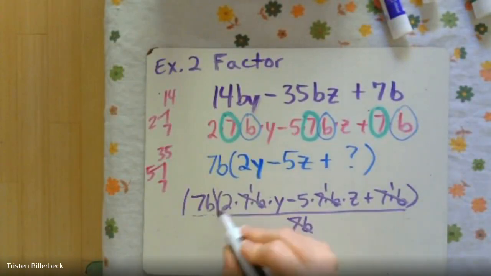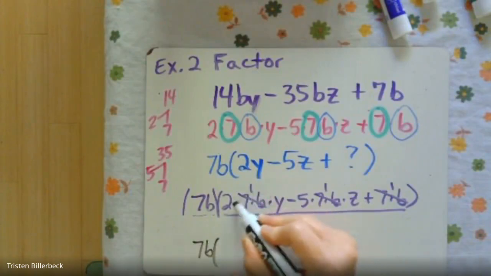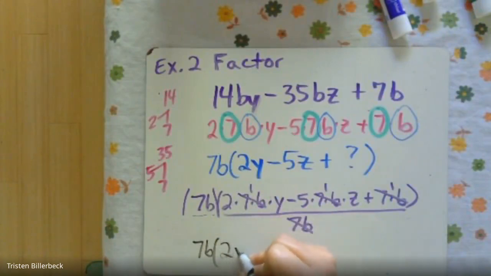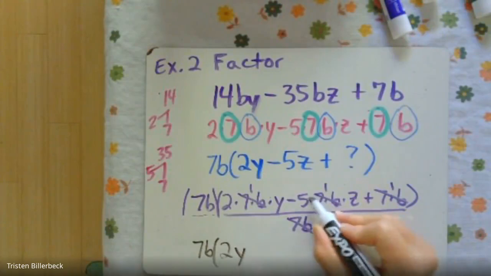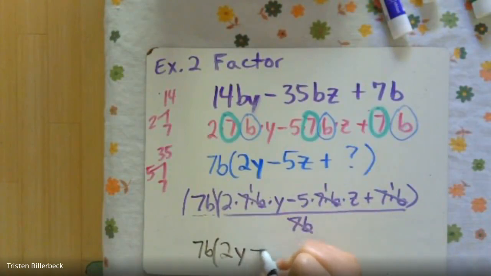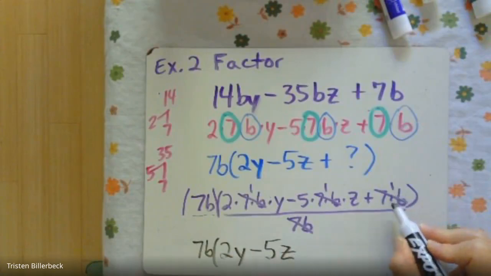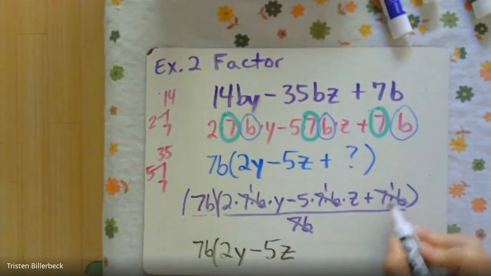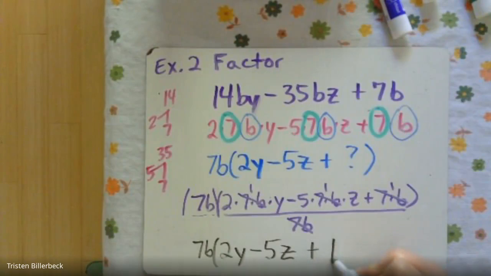We have 7B on the outside, and we have 2Y minus 5Z left over here. And then, oh look, it's just 1. That's all we have left over is 1. So that was the magic question. This question mark was a 1.